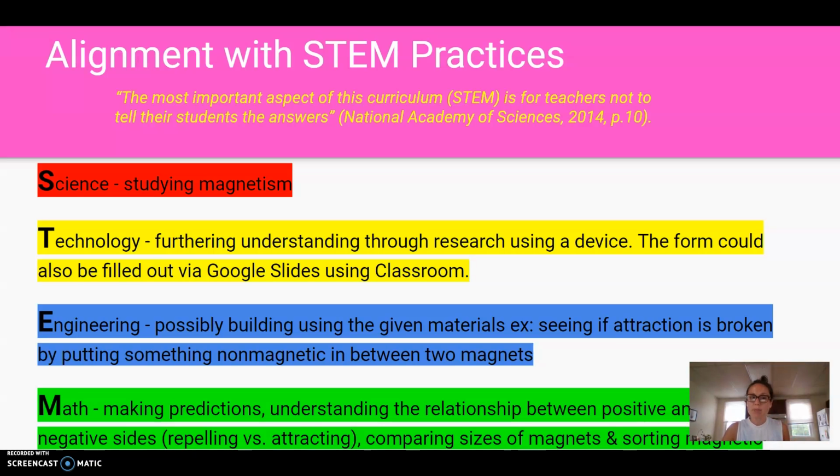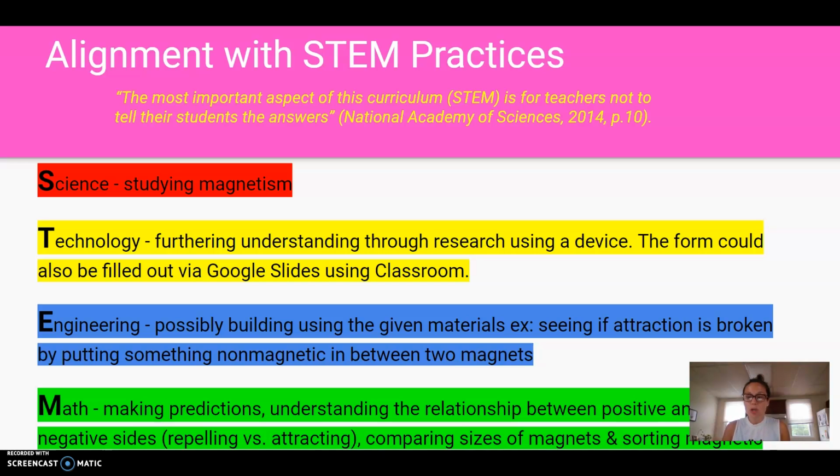So the alignment with STEM practice: science, they're studying magnetism, so the science is here. Technology, they could further their understanding through doing research, maybe once they've answered their question or if they need additional help. They also go filling out their student handouts on Google Slides through Classroom, because that really cuts down on paper. Engineering, depending on their question, they might be building something.